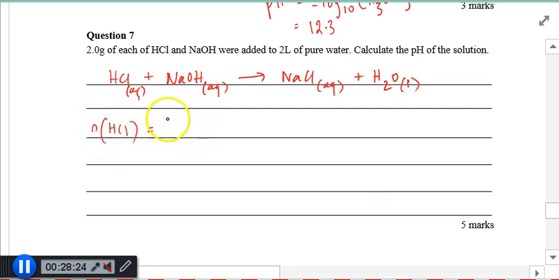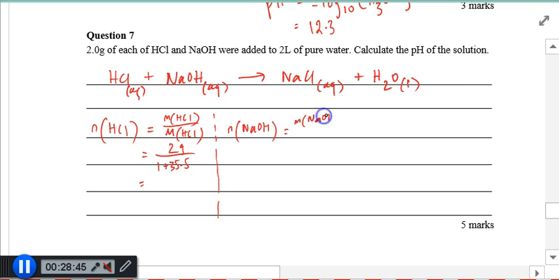So number of moles of HCl is going to be mass of HCl divided by molar mass of HCl. So that's 2 divided by 1 plus 35.5, or 36.5. I'll calculate that in a sec. And then the number of moles of NaOH is going to be mass of NaOH divided by molar mass of NaOH.